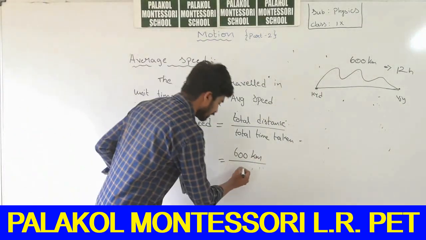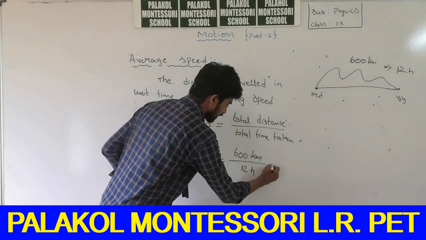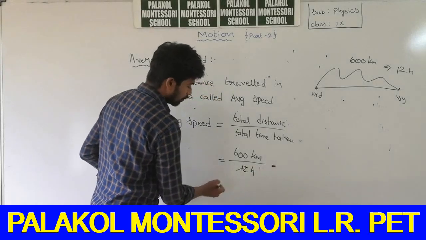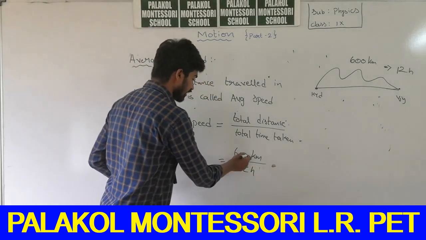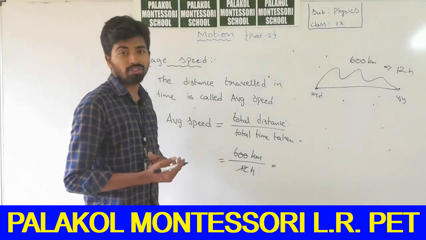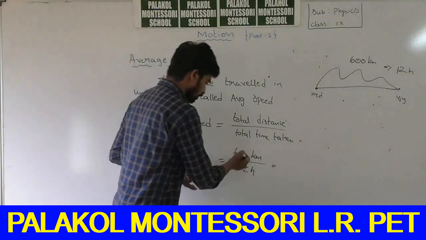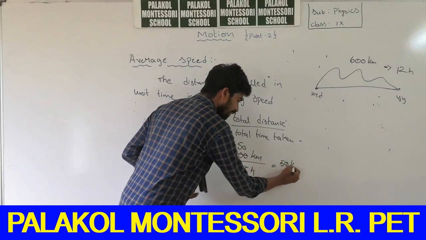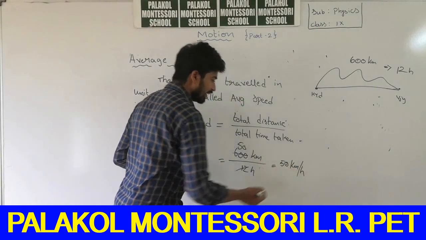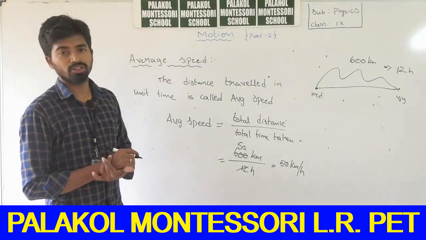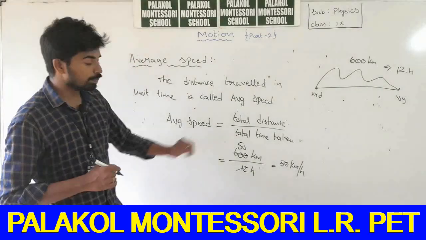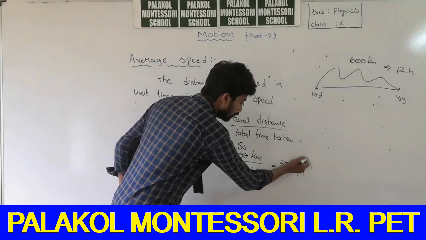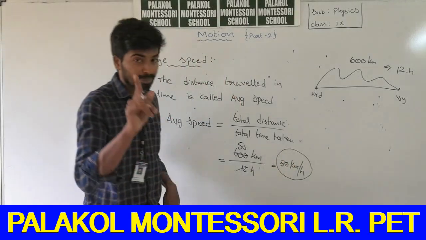We are just considering it as an example. So, here 12 goes into 600 how many times? 12 fives are 60, and one more 0 is there, so 50 kilometers per hour. What is your average speed? Average speed is equal to 50 kilometers per hour.